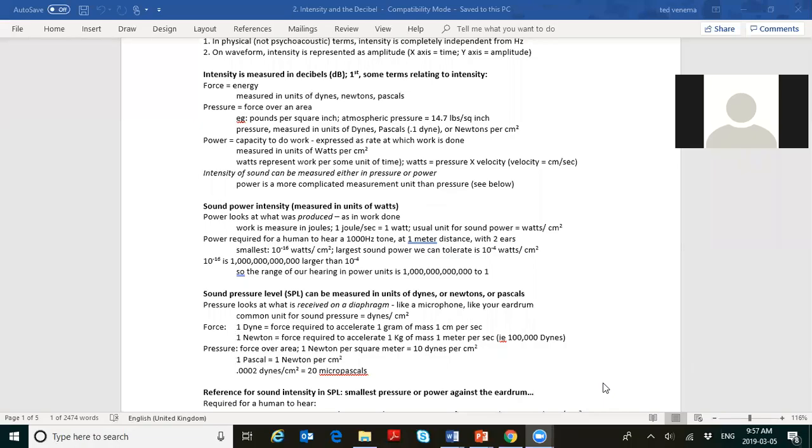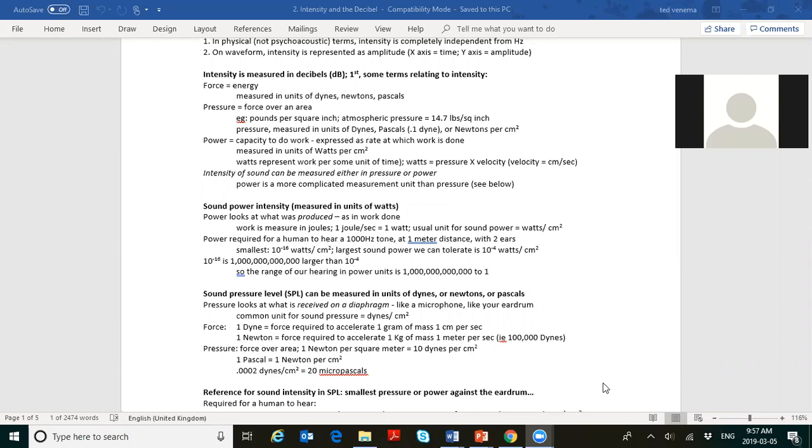Okay? So, we care about sound pressure. And we care about sound pressure because the ear works like a pressure device. It receives sound. Your ear is like a microphone. It picks up sound. You can talk about sound power or you can talk about sound pressure. We prefer pressure.